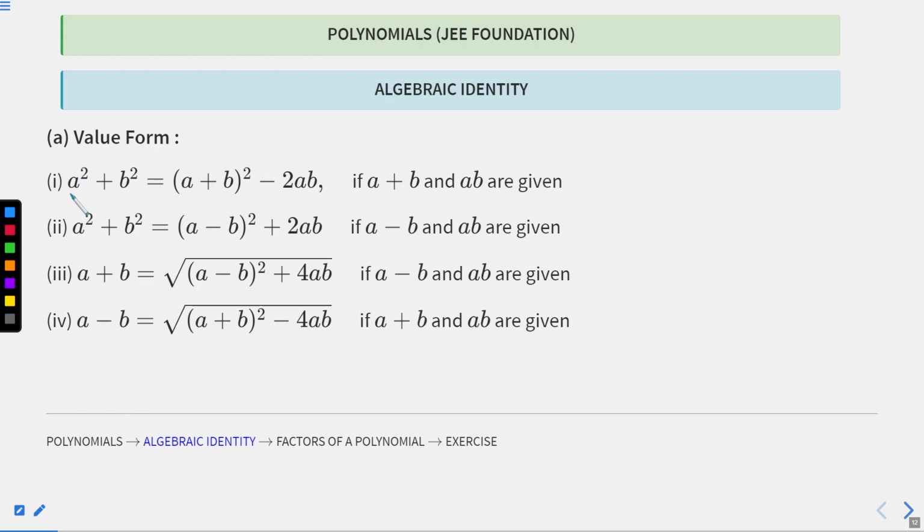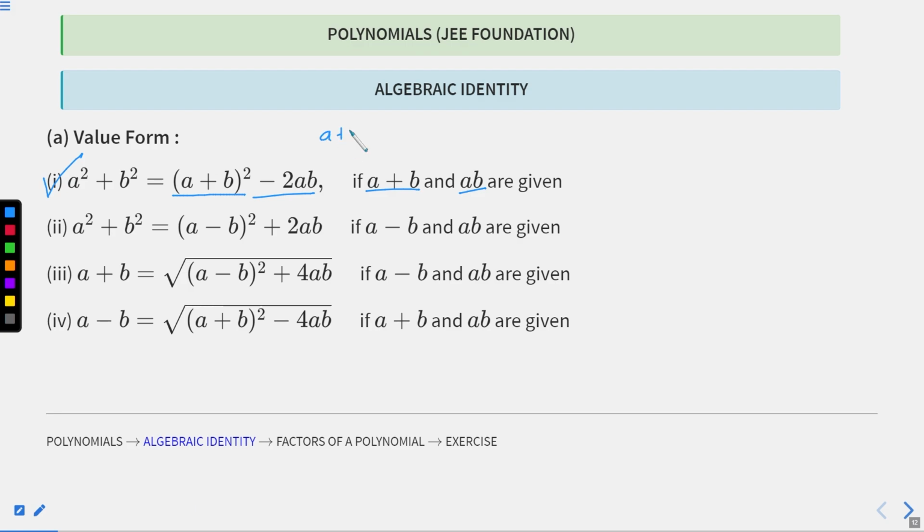If I am given a + b and ab, that is, the sum of two numbers and the product of two numbers, then I will use the property a² + b² = (a + b)² − 2ab.